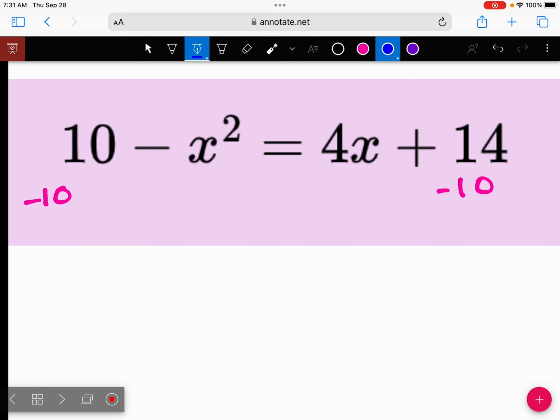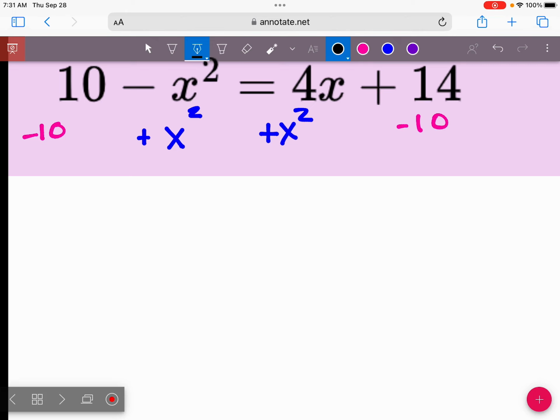More specific. Because we need to add the x squared. That's going to give us 0 equals x squared plus 4x plus 4.